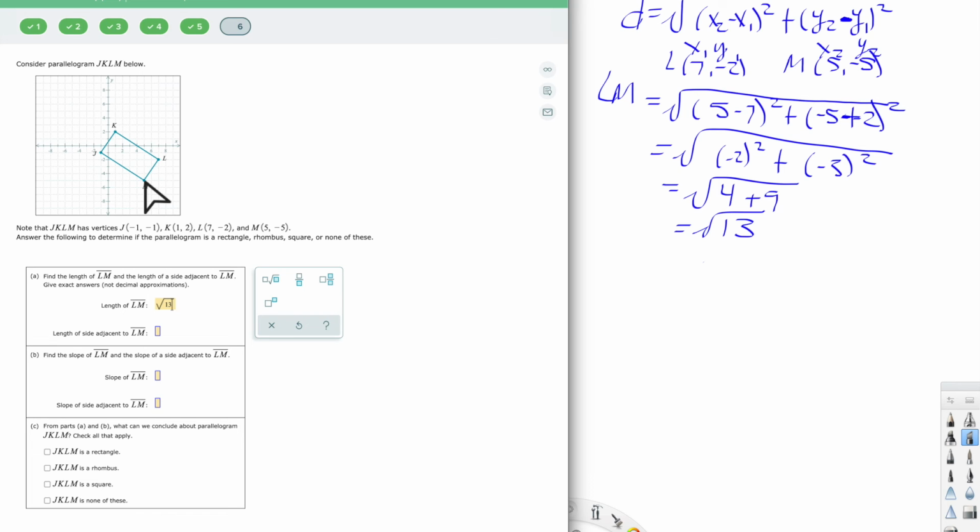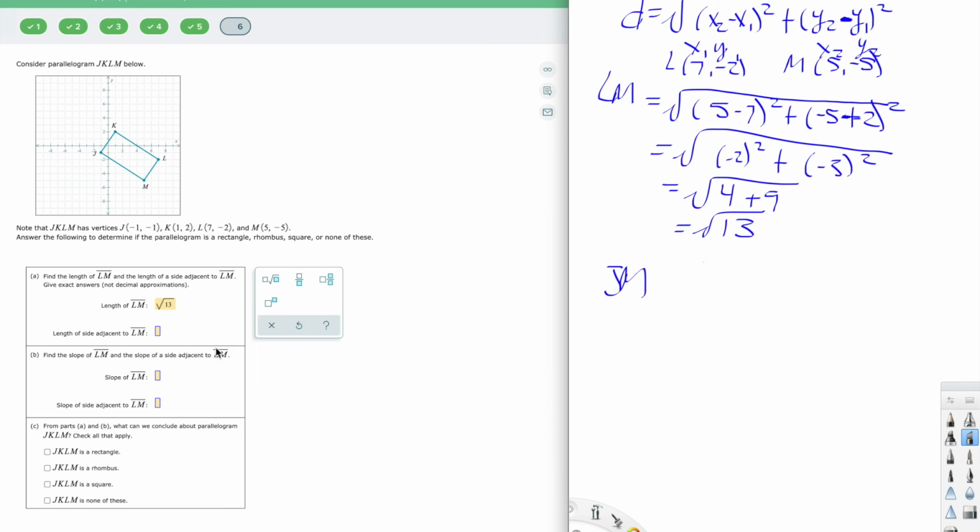If the consecutive sides were congruent, which I can kind of obviously see that they're not, that would mean it would be a rhombus. If we already have a parallelogram and consecutive sides are congruent, it is a rhombus. So we're just checking that real quick. I know it's not going to work out, but I have to fill this in. Alex is going to require it.